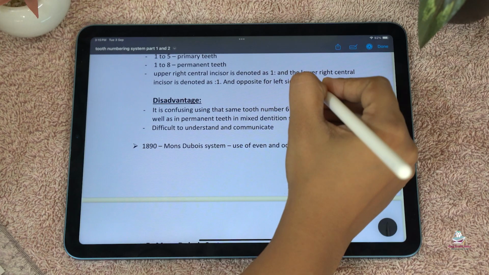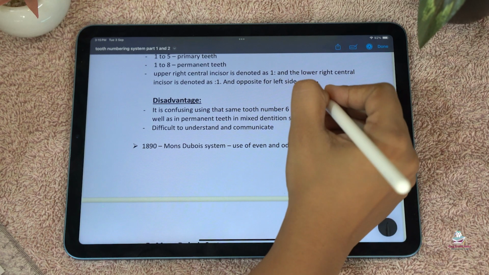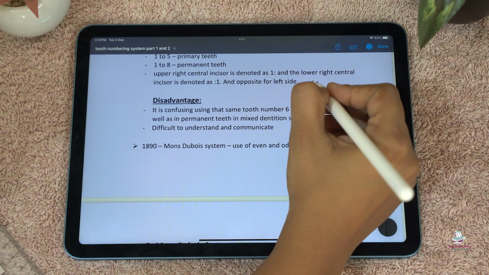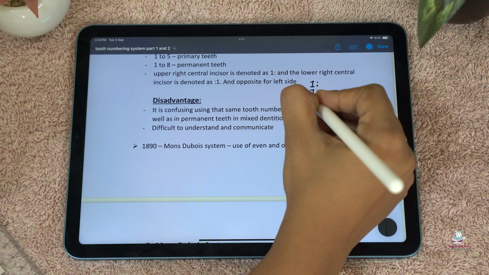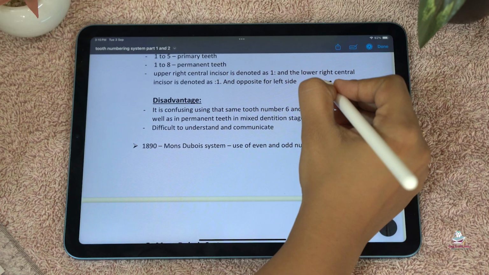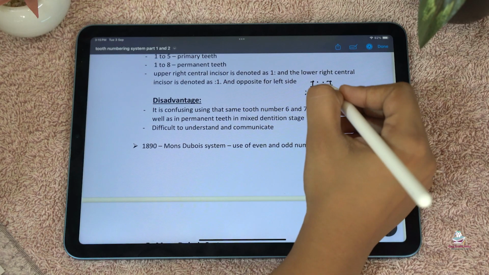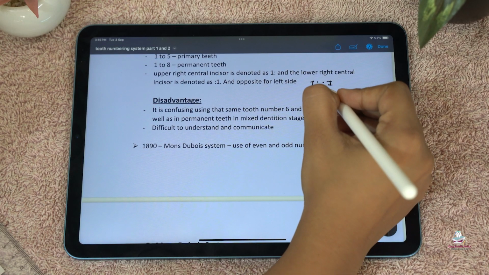For the left central incisor of the maxilla, the colon is on the left side, and for the mandibular incisor, the colon is on the right side.